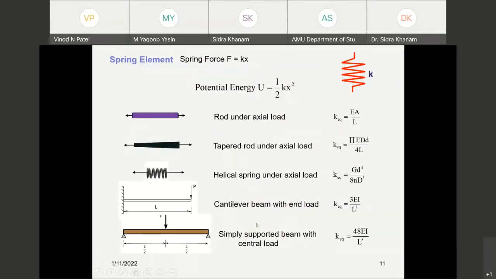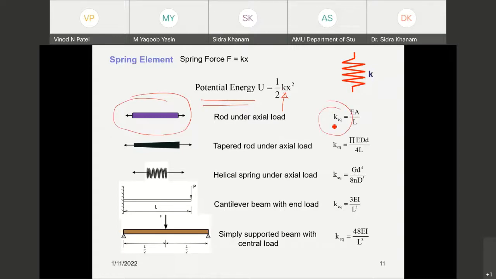For the spring element, the potential energy is given by 1/2 k x squared, where k is the spring stiffness, the load required per unit deformation. For different arrangements of the component, for example a rod under axial load, you can find its stiffness value based on stress and strain.